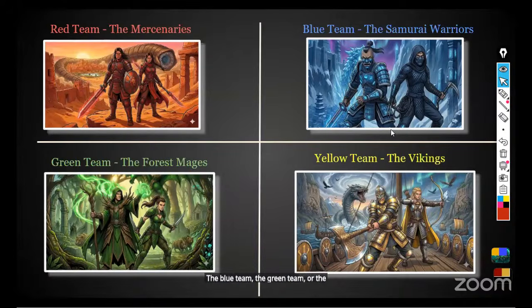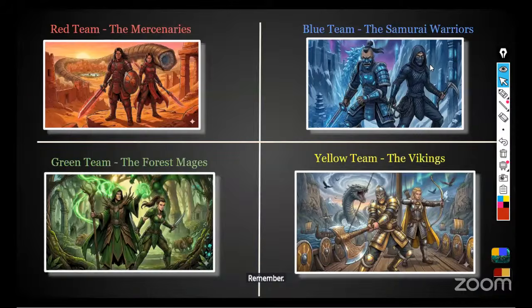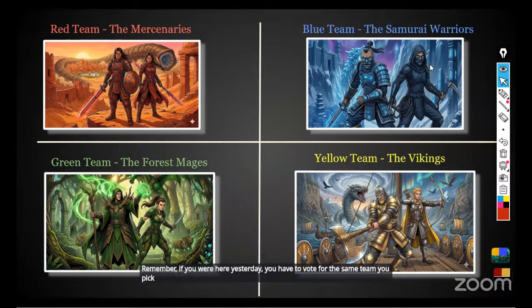Take a few seconds and see which one appeals to you the most, right? And we're just going to take a vote again. Remember, if you were here yesterday, you have to vote for the same team you picked yesterday. No traitors. If you're on the red team, you're on the red team forever. All right?